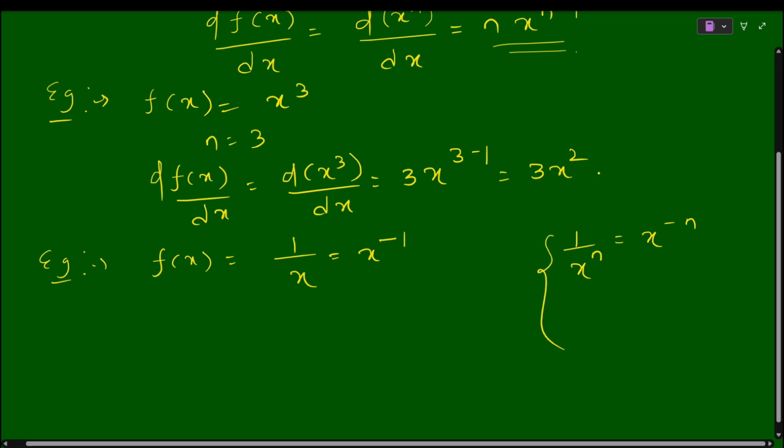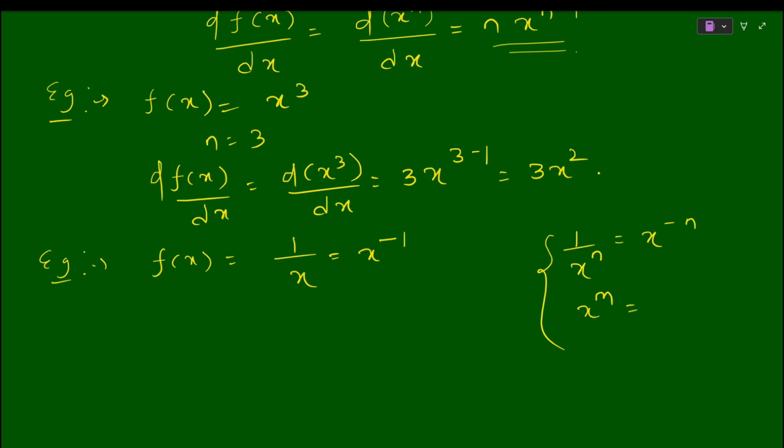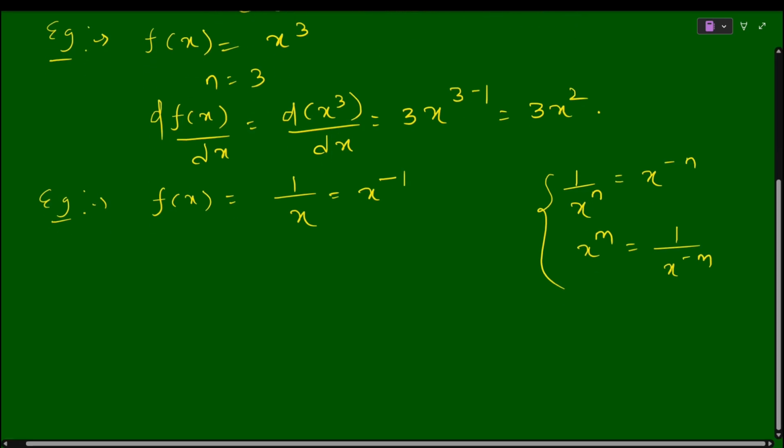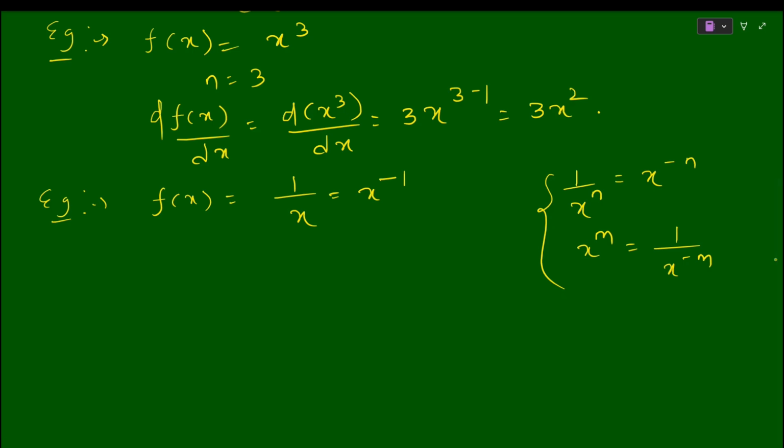Similarly, if a function is in the numerator and I want to move it to the denominator, then I use the negative sign in the exponent. Now I have redefined f of x, 1 by x, as x inverse. Now it is in the form of x to the power n. By comparing, we can see that n is equal to minus 1.